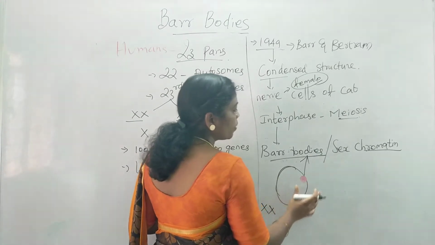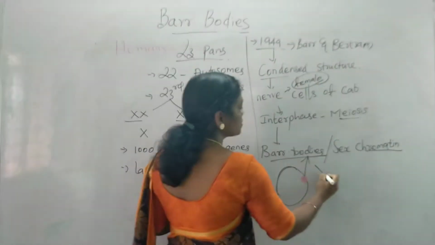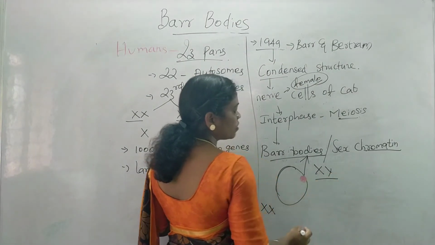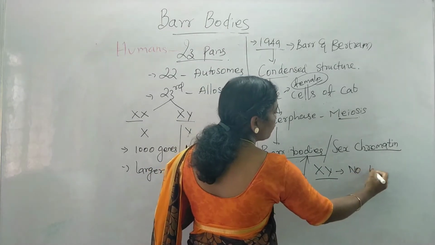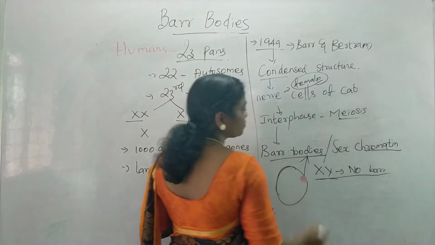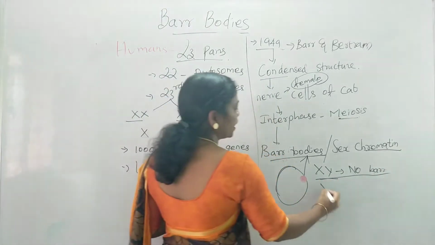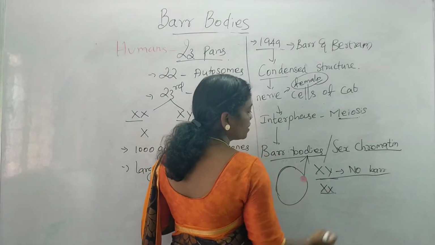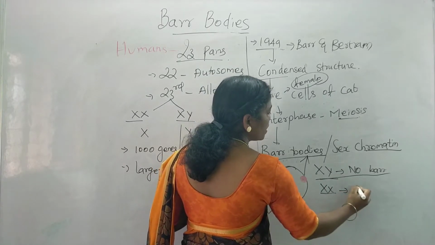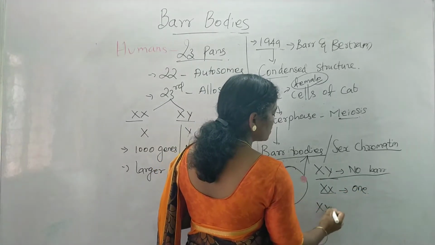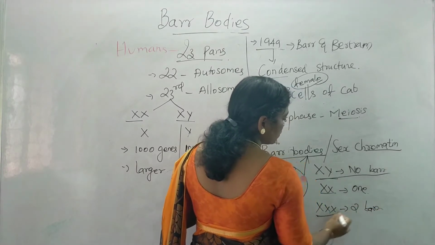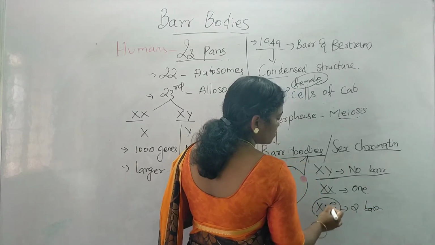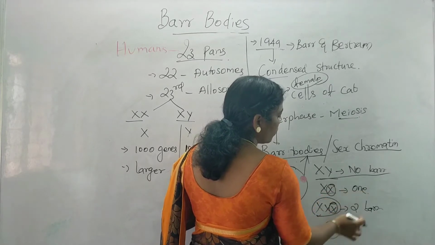Regarding the number of Barr bodies, if you take a male into account, you cannot find Barr bodies. No Barr bodies are present in males. But in the case of a female with 2 X chromosomes, the number of Barr bodies is 1. So one X chromosome will form the Barr body.